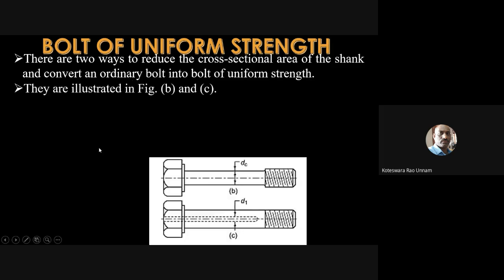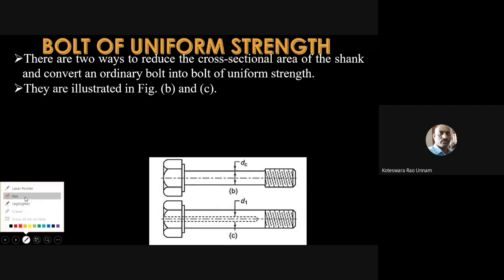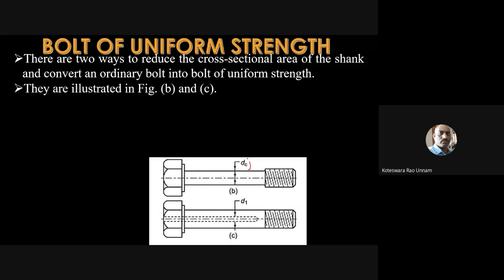One way, like I already told you, is to reduce the diameter of the shank and make the diameter of the shank portion equal to the core diameter of the threaded portion. So here instead of D, we'll take this diameter also as D. You can see that here the diameter of the shank portion is less than the diameter of the threaded portion. So this is one way of doing it.